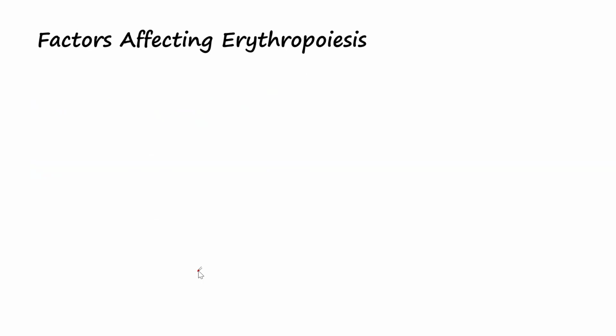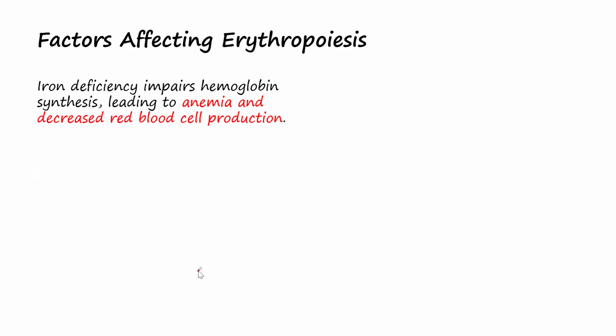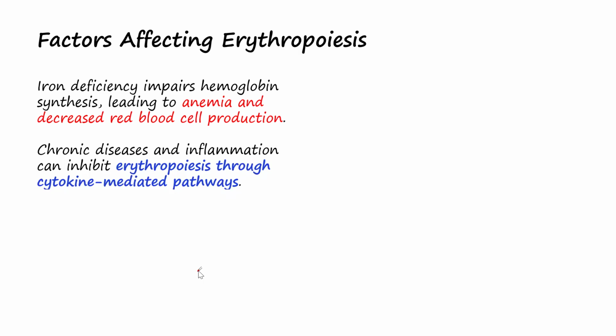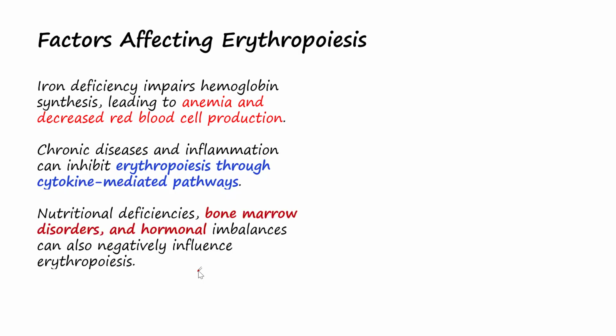Now, what are the factors affecting erythropoiesis? Iron deficiency impairs hemoglobin synthesis, therefore leading to anemia and decreased red blood cell production. Chronic disease and inflammation can inhibit erythropoiesis through cytokine-mediated pathways. Nutritional deficiencies, bone marrow disorders, and hormonal imbalances can also negatively influence erythropoiesis. At this point, we are looking at the factors affecting erythropoiesis, that is the formation of the red blood cell.